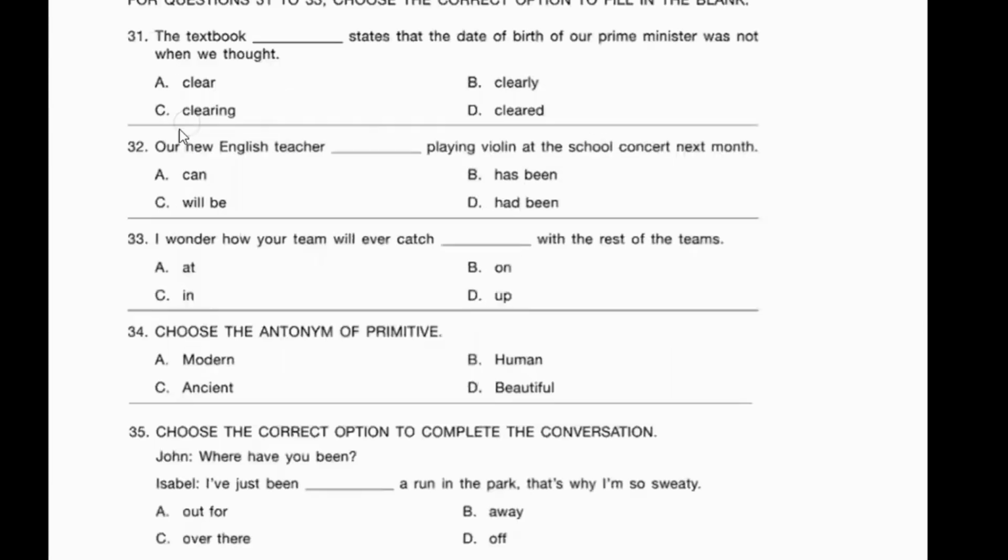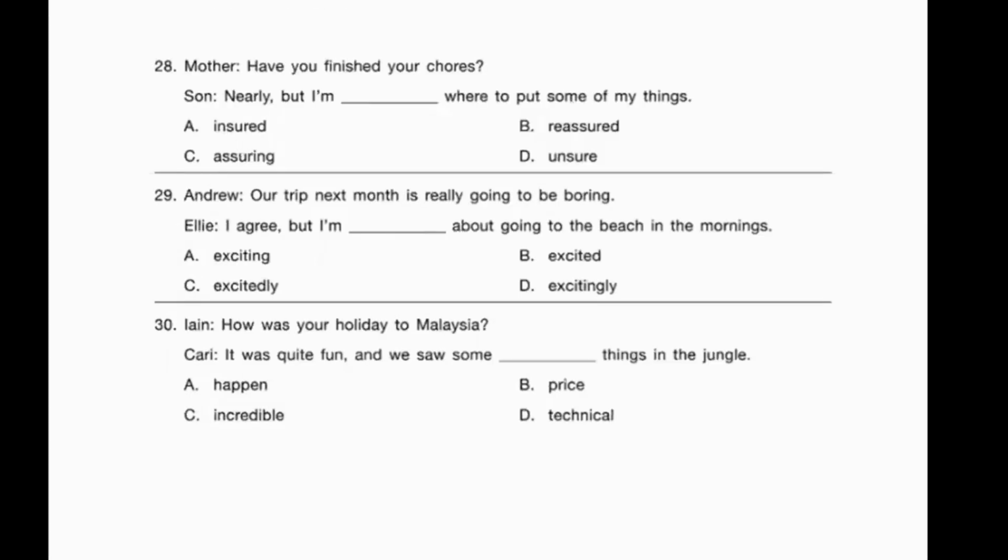So it can't be the correct answer. Leave that first option. Now we'll move to the next one. Reassured. When somebody is confused, tense, or stressed, then we will reassure them. But this is about placing something, so it can't be reassured and it can't be assured either. So it is unsure. I'm not sure where to put some of my things.